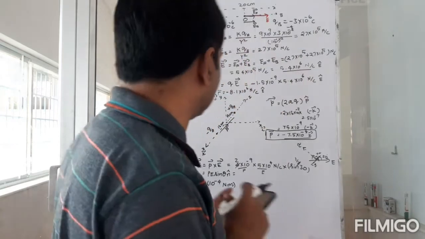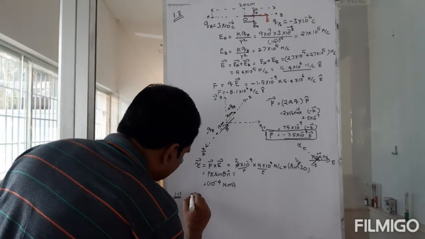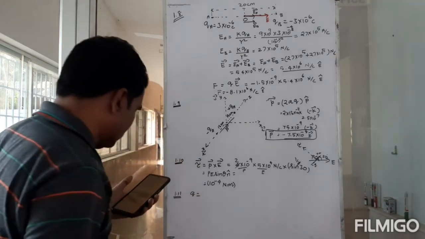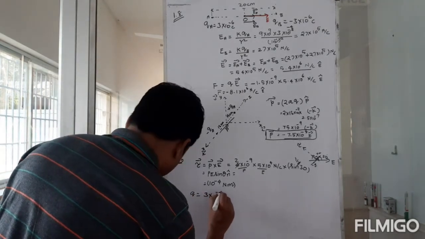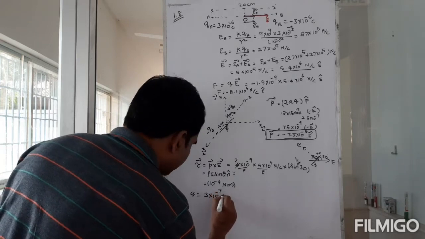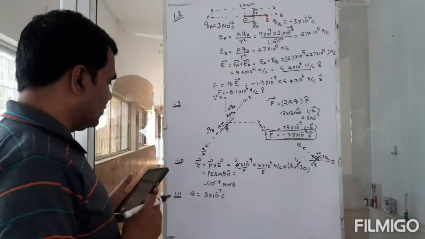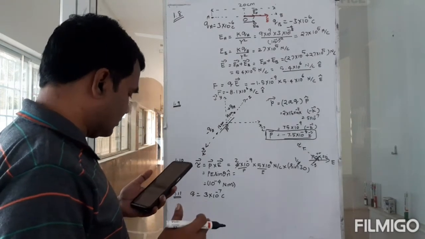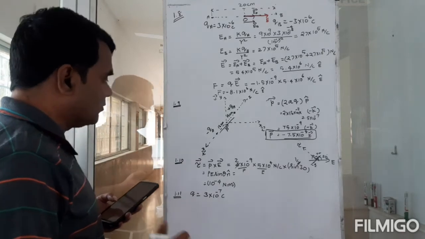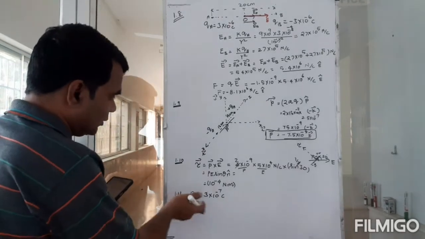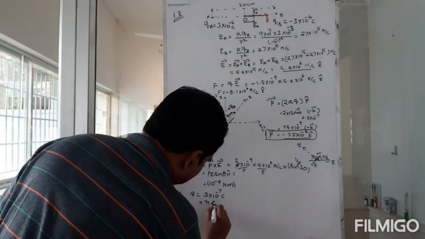So what's the charge you got here? In 1.11, the Q you have is 3 into 10 power minus 7 Coulomb. So how many electrons will make this? This must be equal to n into e, right?